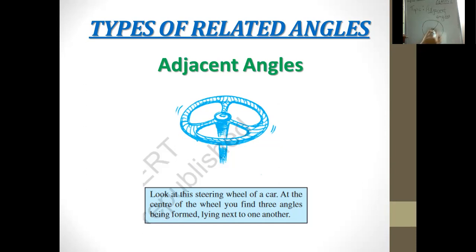Let me draw the simple one. It is a kind of wheel which is having lines like this. It is looking like a Pokemon also, if you have seen these cartoons. Anyways, but it is also making an angle.